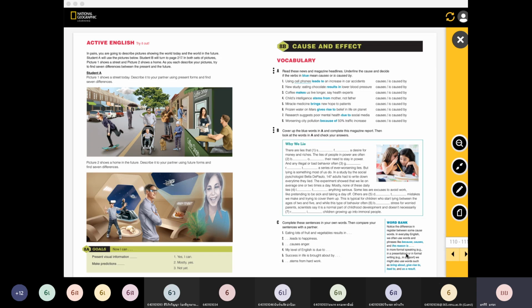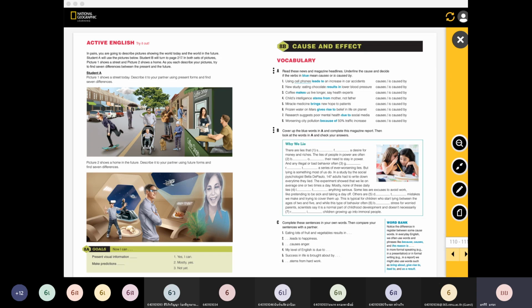But bring about, give rise to, lead to, as a result, we will use in a more formal context. So think about what context you use, and use the right word to express cause and effect here. We'll talk further about cause and effect after the break. Let's have a break first, and then we come back and talk more.